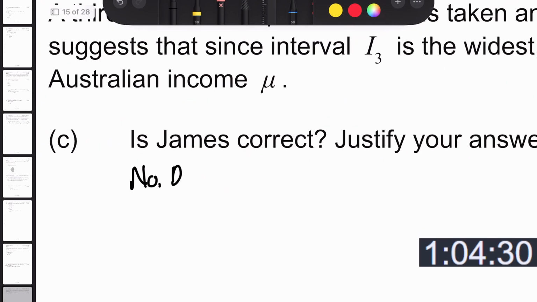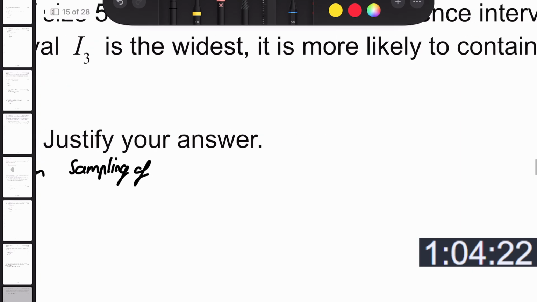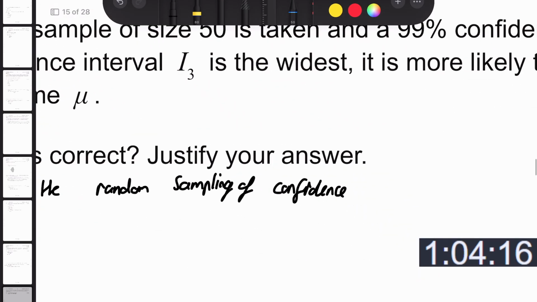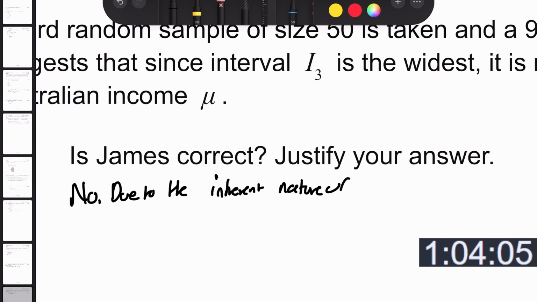Due to the random sampling of confidence intervals, due to the innate nature, or inherent nature, of random sampling.